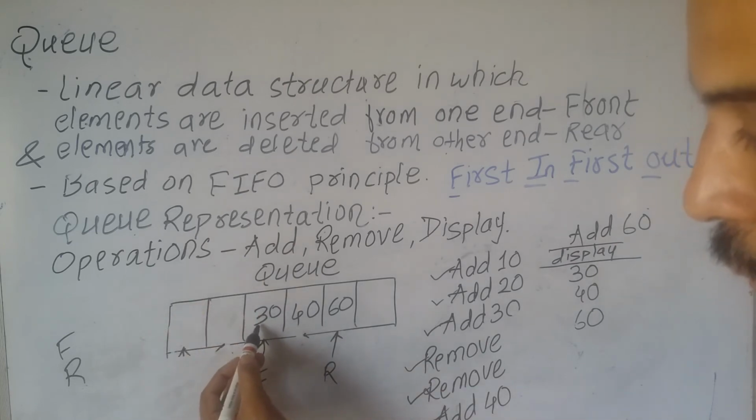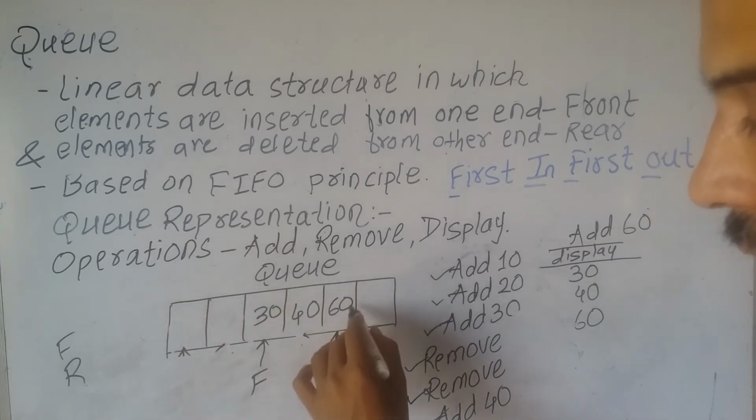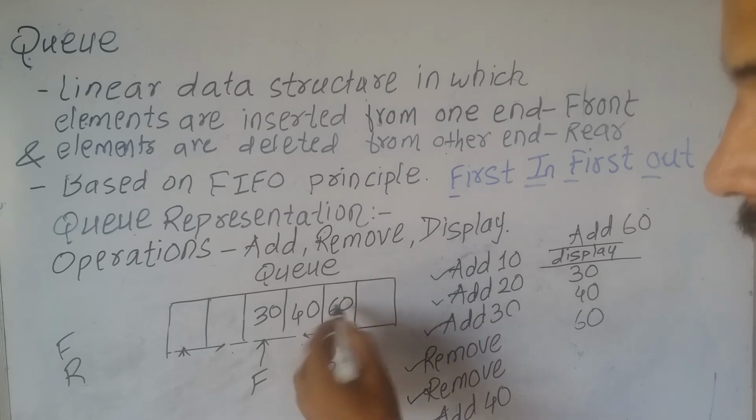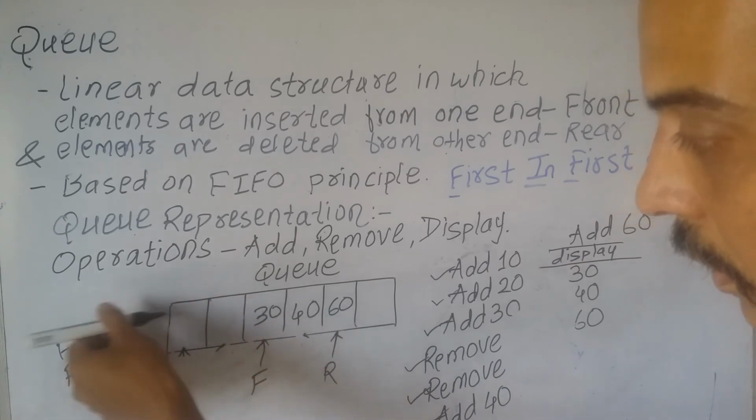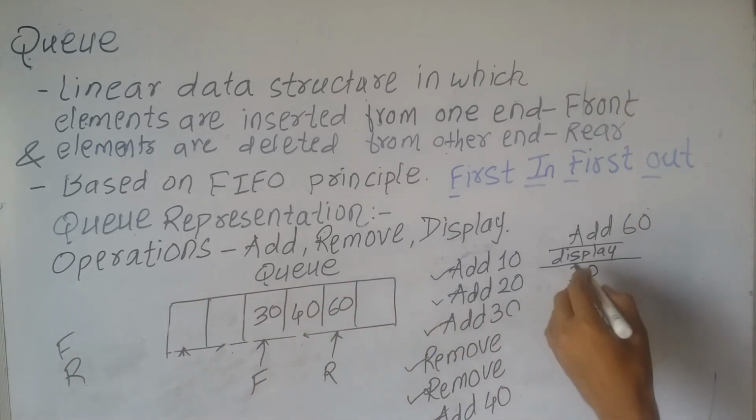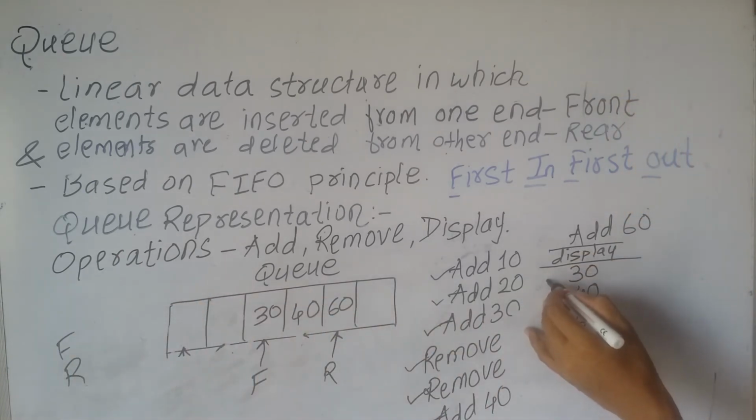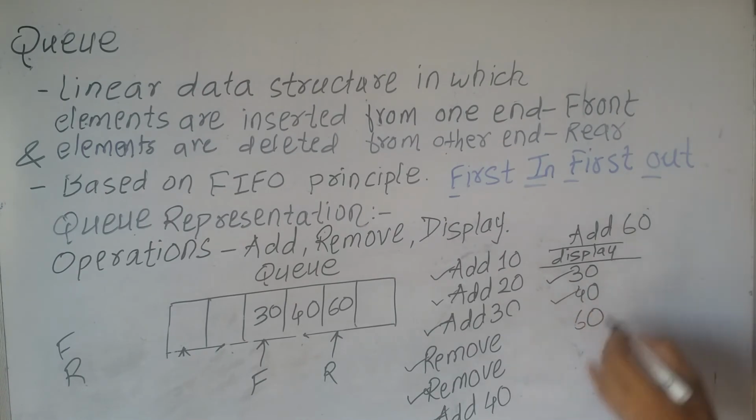The 30 is the next person, not 60, because 60 is the third person standing in the queue. So the cashier can only see the element 30. Because of that, after the display function we will get 30 displayed first, then 40 and then 60. Okay, now similarly we have to write it down.